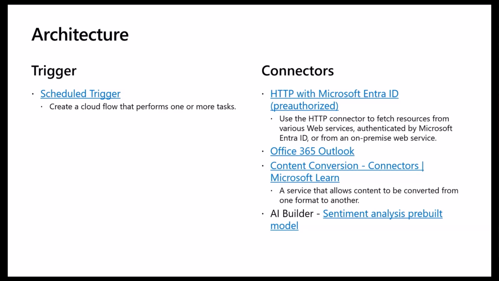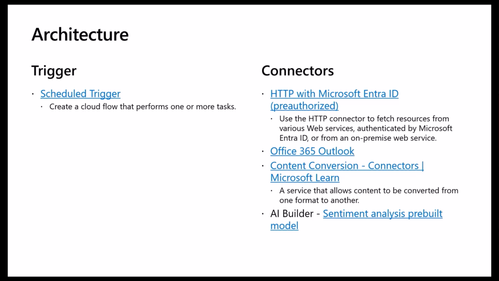So I opted to make my HTTP calls with the Entra ID connector to grab those messages, and then we were going to leverage O365 to send messages, and then use the built-in sentiment analysis model for determining the tone of the message here.